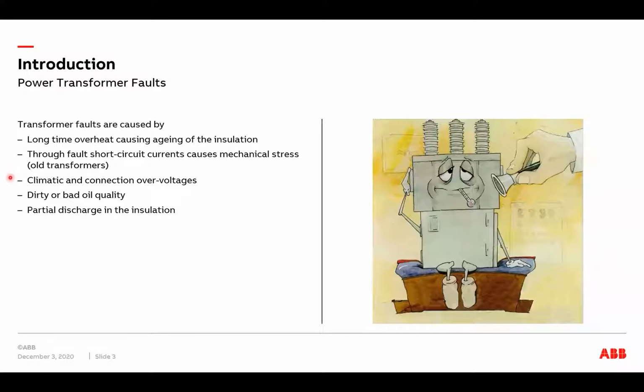Faults can also be caused by overvoltage due to, for example, lightning strikes or when a big load is disconnected. In oil-filled transformers, the oil is used as an insulator and for cooling of the transformer.